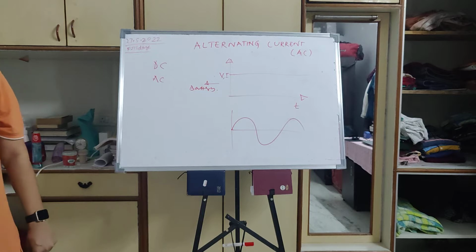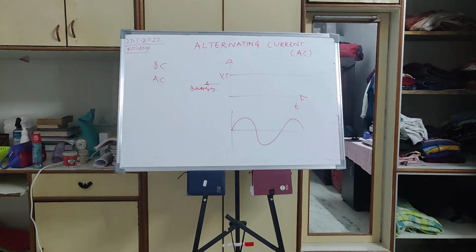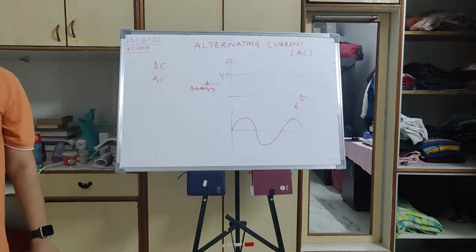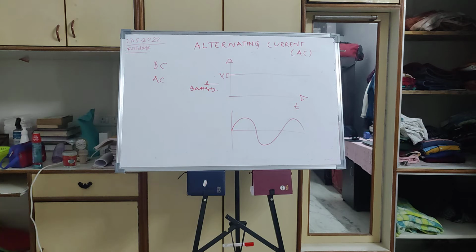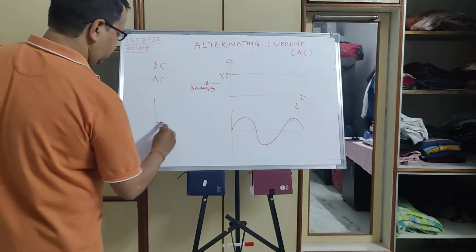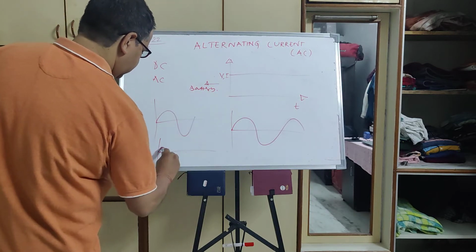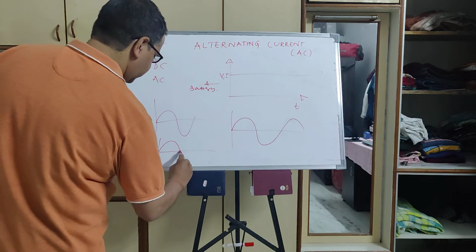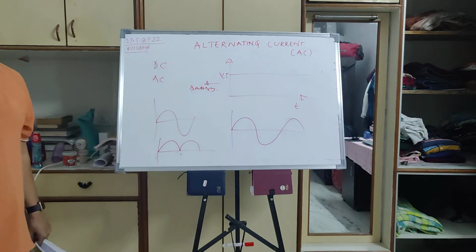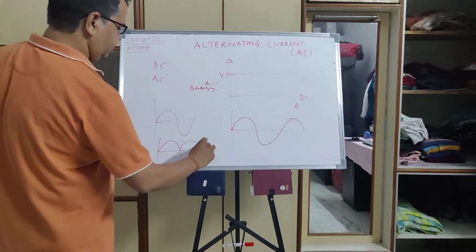You know different types of devices in electrical, like the rectifiers. When we did semiconductors, you studied rectifiers. So what does a rectifier do? A full wave rectifier converts the full AC into DC.